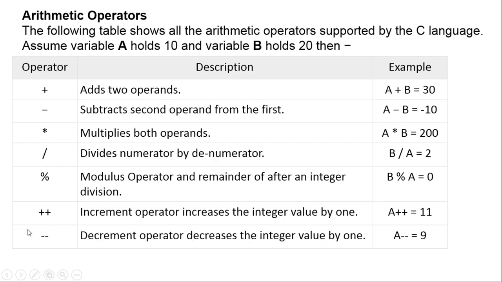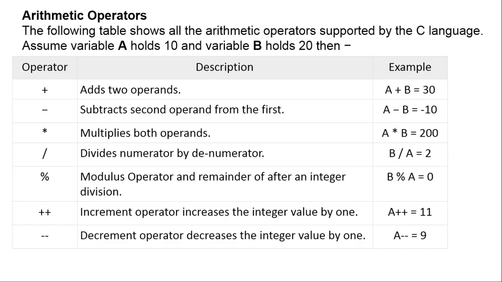Then the next operator is minus minus, which is called the decrement operator, which decreases the integer value by 1. In the increment operator we increase the value by 1 and in the decrement operator we decrease the integer value by 1. So if we consider the value of A as 10, then A minus minus is equal to 9. These are the 7 types of arithmetic operators in C.